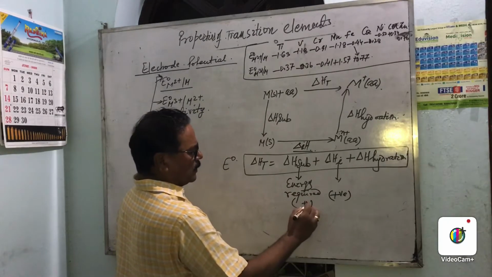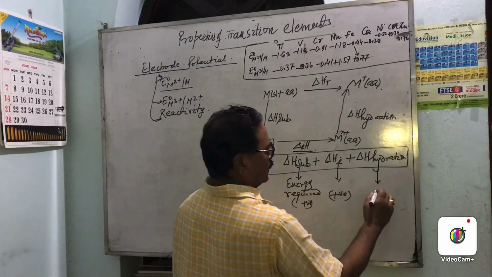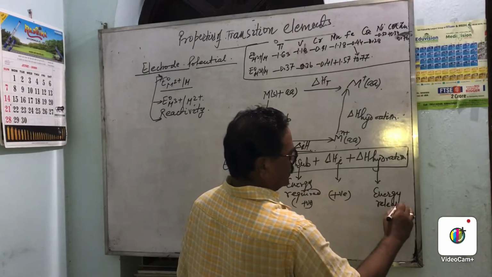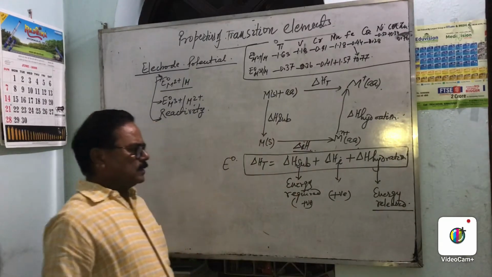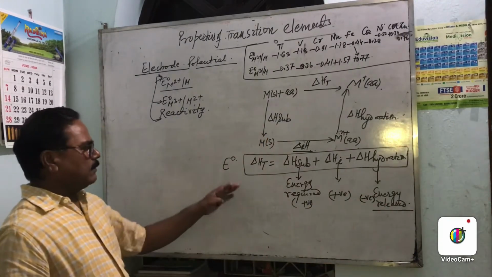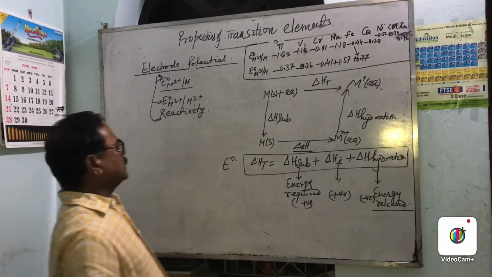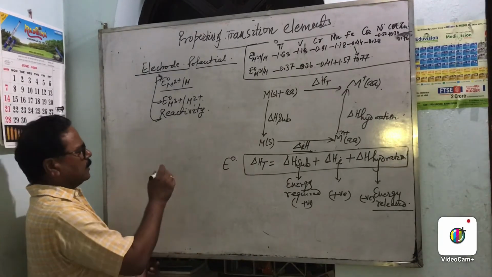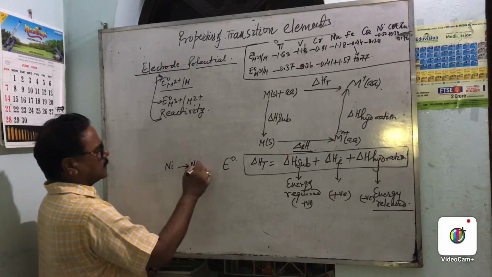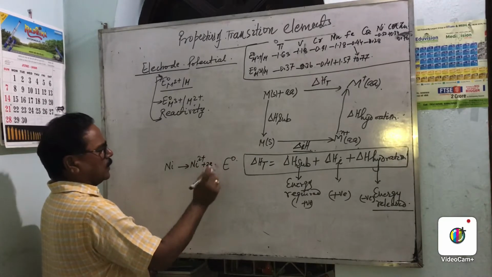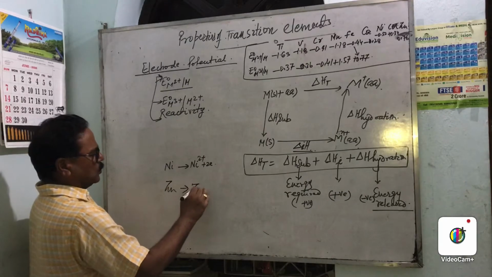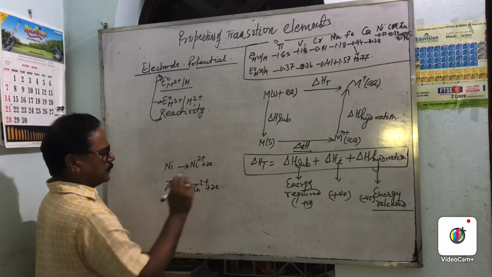And here the energy is released, so it is taken as negative. Now for the electrode potential, suppose we take nickel: nickel gets oxidized to Ni2 plus plus twice E. And we take zinc: Zn2 plus and twice E, right?